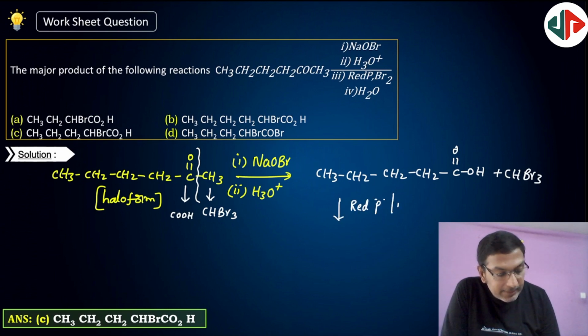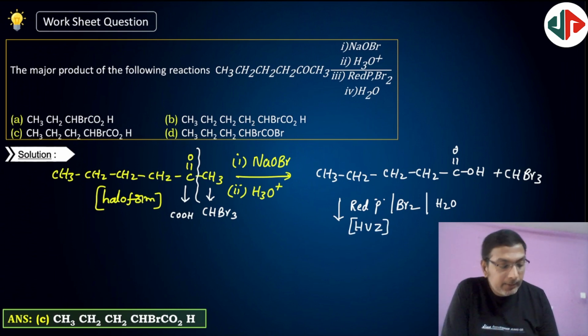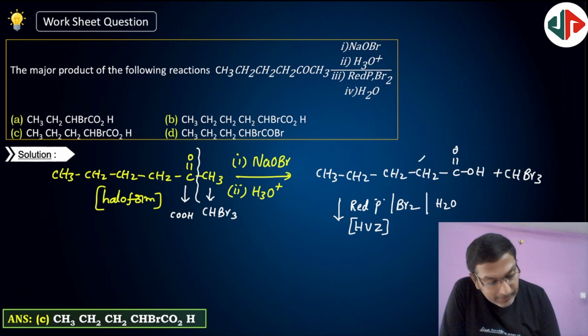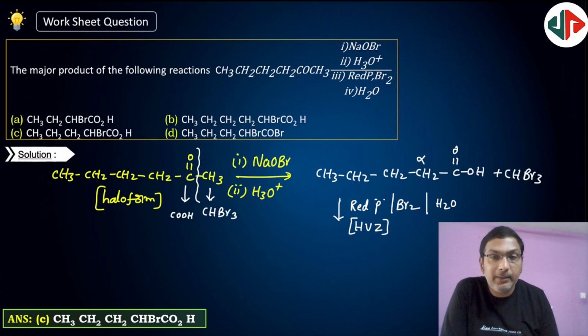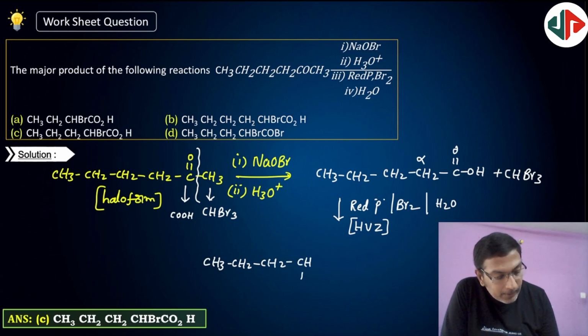Next, this on reaction with red phosphorus and Br2 followed by hydrolysis gives, this is the HVZ reaction, alpha halogenation of carboxylic acids. Here this is the alpha carbon. At the alpha carbon, halogen must be substituted. CH3 CH2 CH2 CHBr COOH.